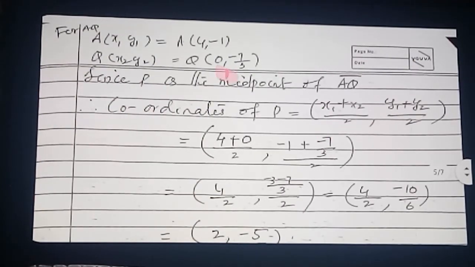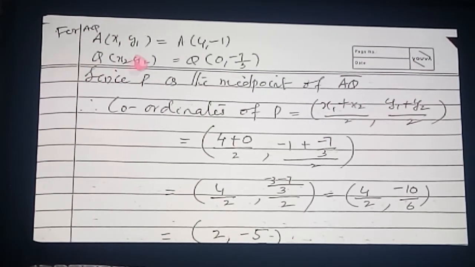See here, for AQ I wrote A(x1, y1) equal to (4, -1) and Q(x2, y2) equal to (0, -7/3). Since P is the midpoint of line segment AQ, the coordinates of P, which formula? (x1 plus x2) by 2, (y1 plus y2) by 2.